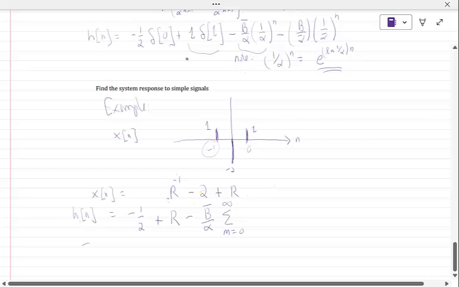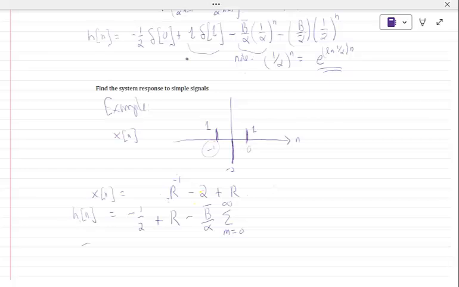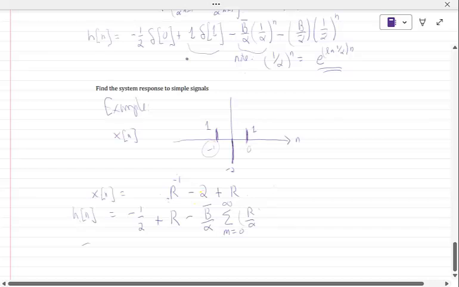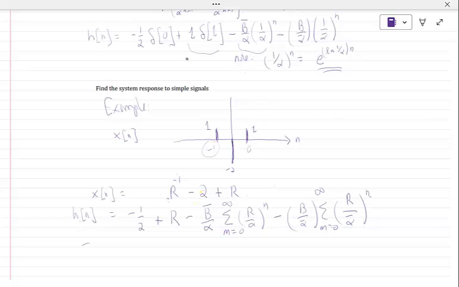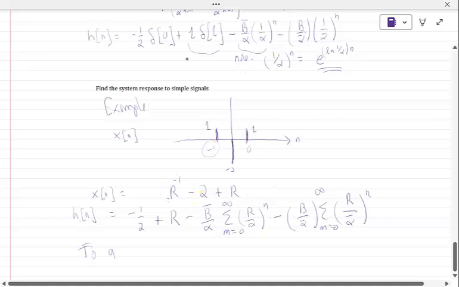What this means is that the nth term is going to be R over alpha to the n. And then I have the same with the complex conjugate, with the alpha bar. So to get the response of the system to x of n, I simply multiply these two polynomials.